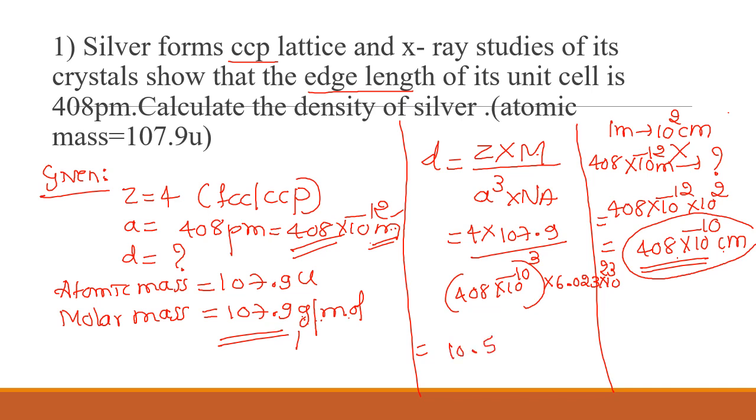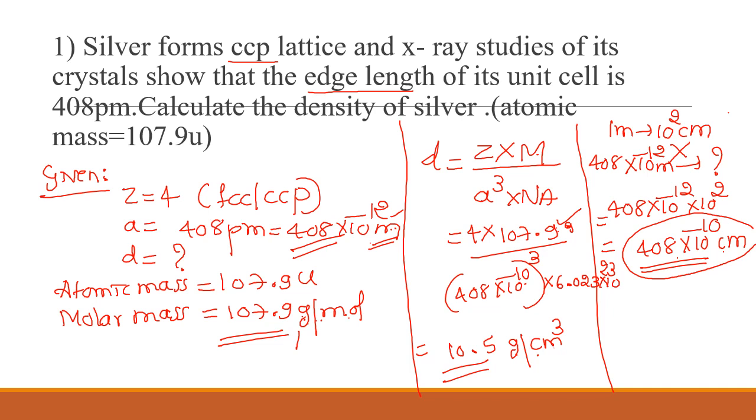After writing the answer, it is very important to write the unit as well, because the unit carries 1 mark in the final exam. If you don't write any units, then you won't get full marks. So the answer for this question is 10.5 gram per cm cube, because in the numerator molar mass is in grams, and in the denominator edge length is in centimeter, it's a cube, and mole gets cancelled.